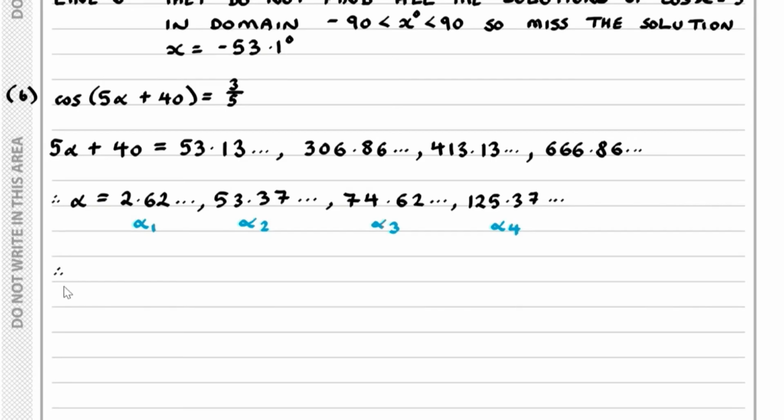And so therefore we can conclude alpha 4 is equal to 125 degrees to the nearest degree.